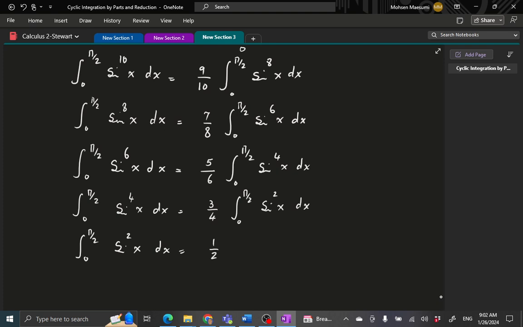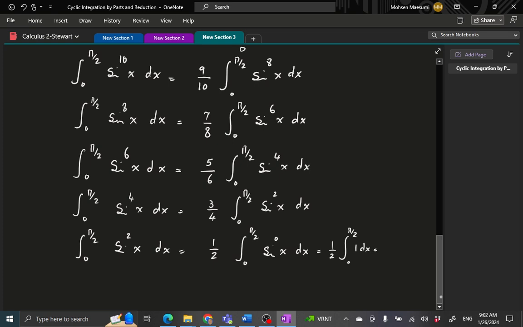This is 1/2 of the integral from 0 to pi over 2. So we went from 10, 8, 6, 4, 2, 0. And well, that's 1/2 of the integral from 0 to pi over 2 of 1 dx.